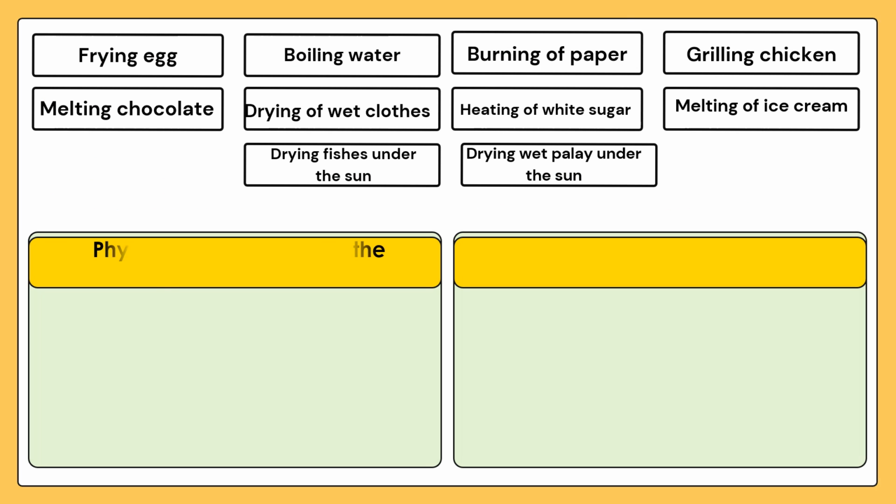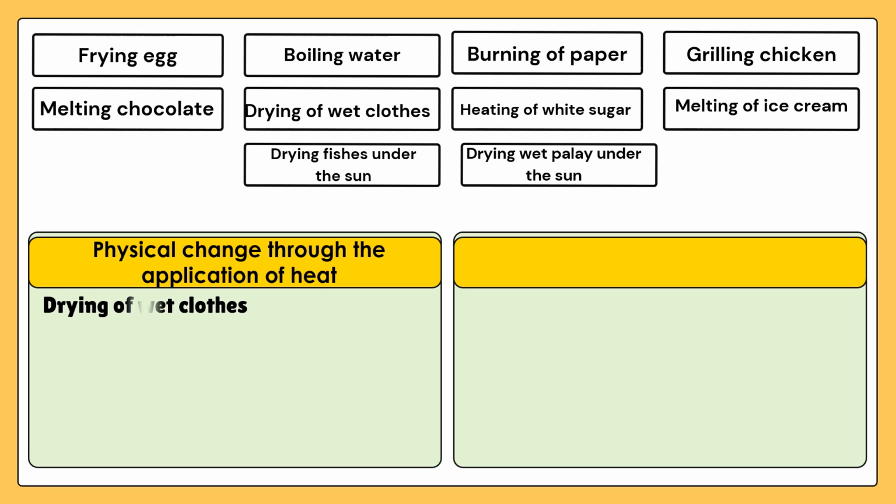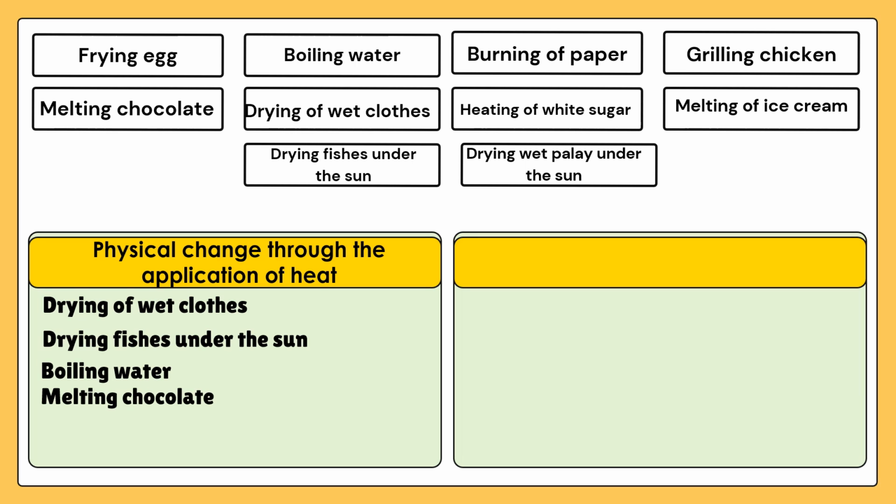Let's go first with physical change through the application of heat. Drying of wet clothes, drying fishes under the sun, boiling water, melting chocolate, drying wet palay under the sun, and melting of ice cream.